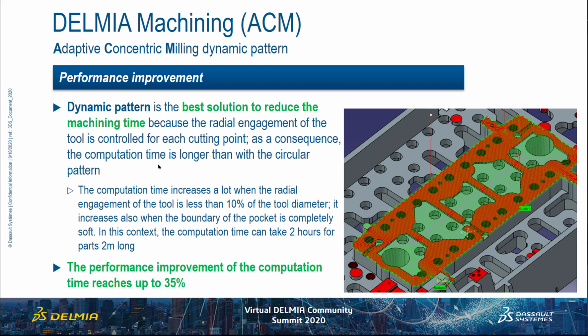And ACM now has additional performance improvements that support dynamic pattern, which means that this allows constant tool radial contact for each cutting point, and this results in higher machining quality and also increased tool life. The downside of this is higher computation time, but R&D is working on that to improve it, and in the coming releases you should see a significant improvement there as well.